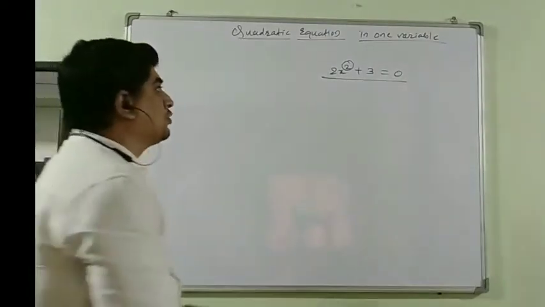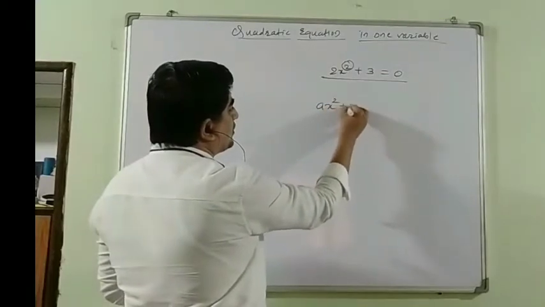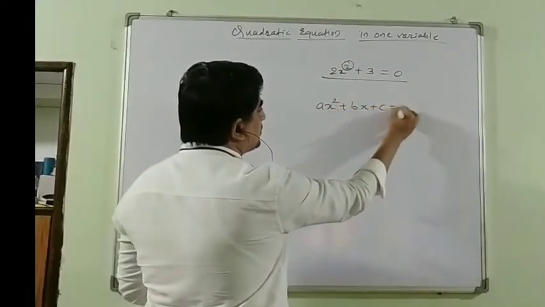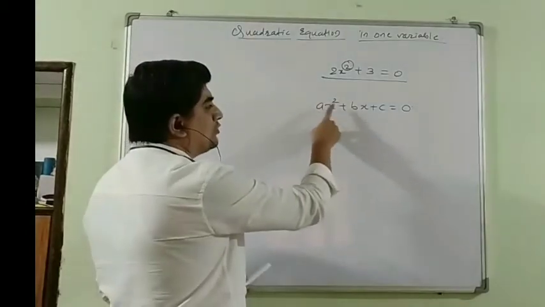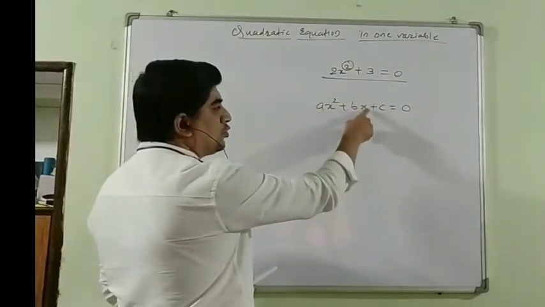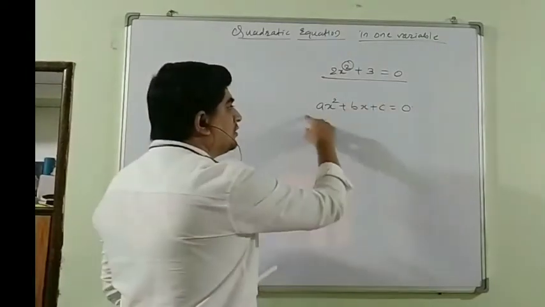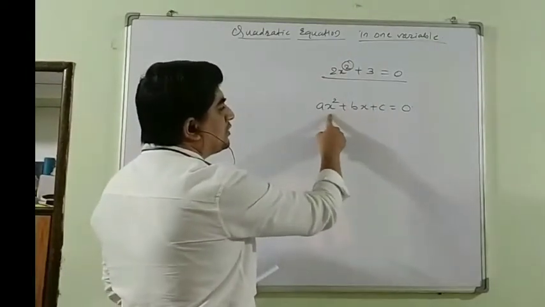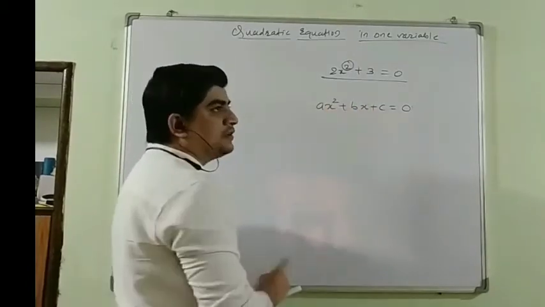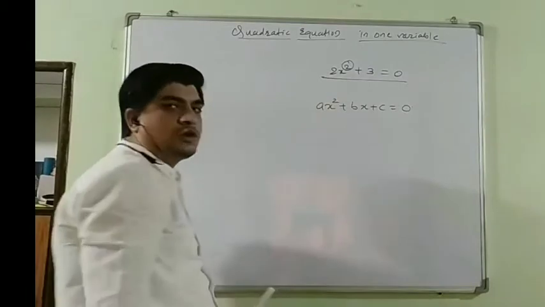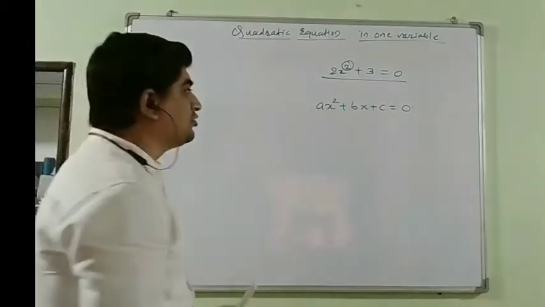The general form of quadratic equation in one variable is ax square plus bx plus c is equal to 0, where a is the coefficient of x square, b is the coefficient of x, and c is a constant term. In this equation, you can see that the powers of variable x are 1 and 2, and the highest power, that is degree, is 2. So that's why this type of equation is called a quadratic equation.